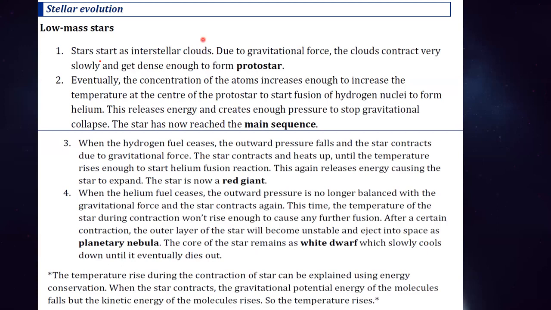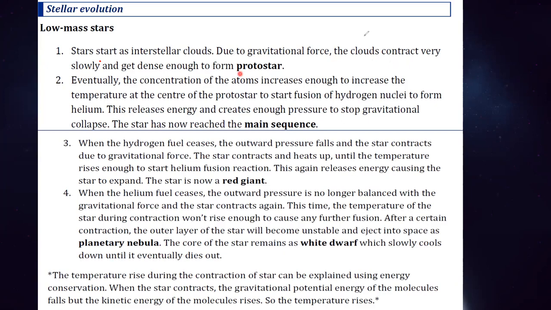Interstellar cloud means the cloud between the stars which contains gas and dust. The part of that which is a molecular cloud contains mostly molecules. Due to the gravitational force, the interstellar cloud contracts very slowly, and it gets dense enough to form a protostar.